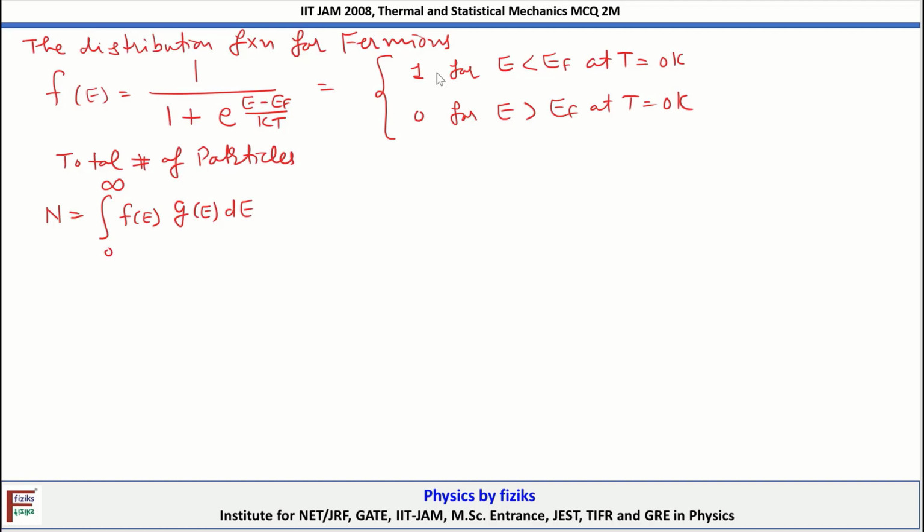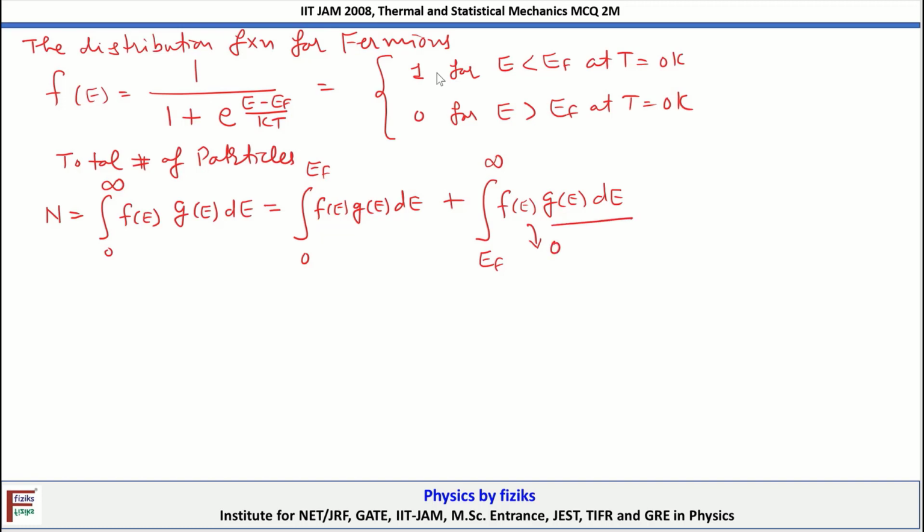We split the integral into two intervals: 0 to EF, f of E g(E) dE, plus EF to infinity, f of E g(E) dE. Because for E greater than EF this is 0, this integral becomes 0, so we only need to worry about the first integral.